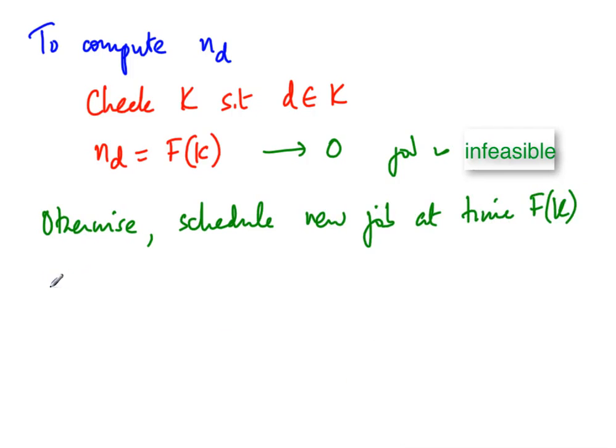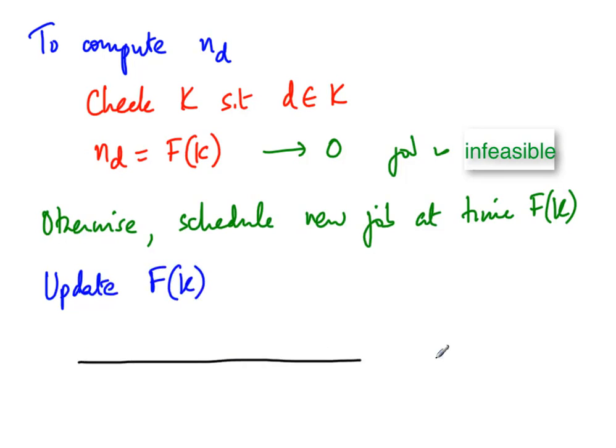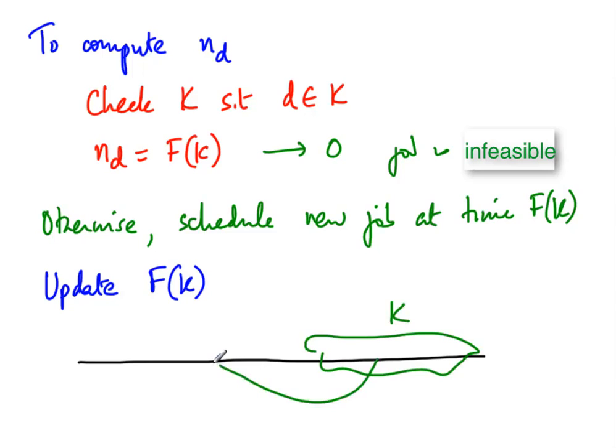And now we have to update f of K. Now what is the new value of f of K? Well, we had this interval and somewhere we had this set K and it was pointing to a position f of K. This was the first free slot to the left. So now the next free slot must be further to the left. So if I go to f of K minus 1, it must be somewhere on this side, right? So the new value is going to be to the left of f of K minus 1.